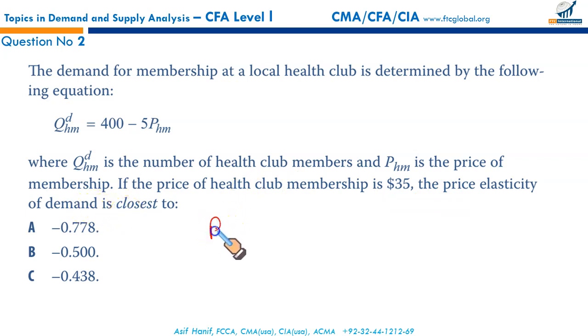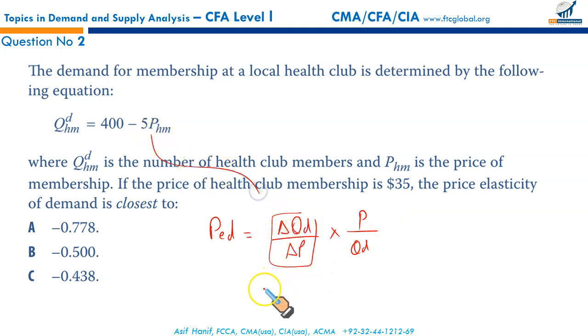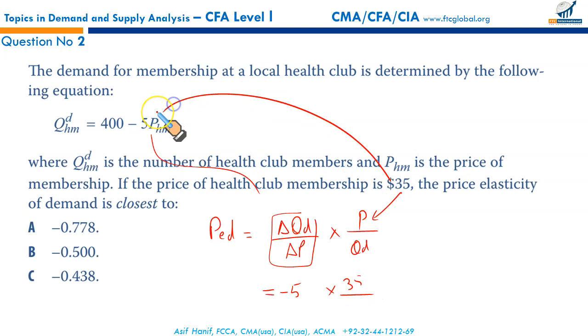The price elasticity of demand is equal to change in quantity demanded upon change in price multiplied by the price upon quantity demanded. Now, this factor is already given here, -5. What we need is to take this price, which is 35, and replace P with 35.